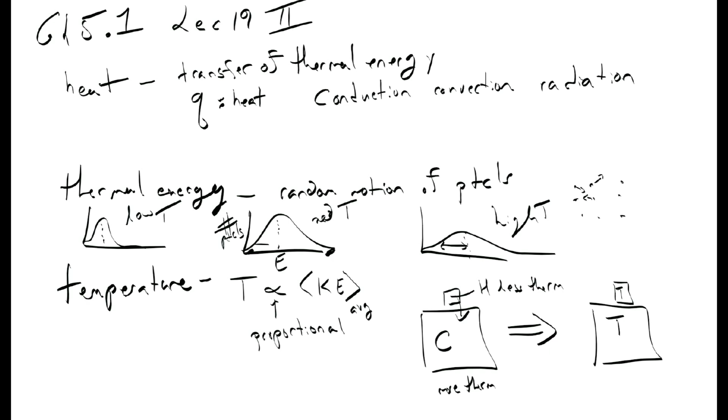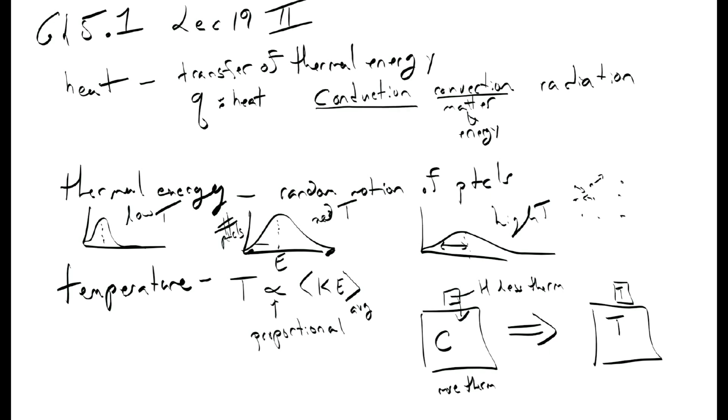Convection means matter and energy are moving from one place to another. You can think of hot air rising above a fireplace. The hot air is rising, and it's taking thermal energy with it. So there's heat there. There's a movement of thermal energy from the hot fire into the cold air above the fire.